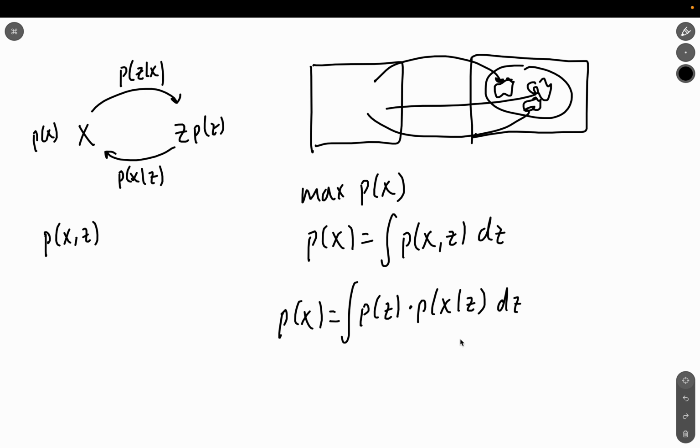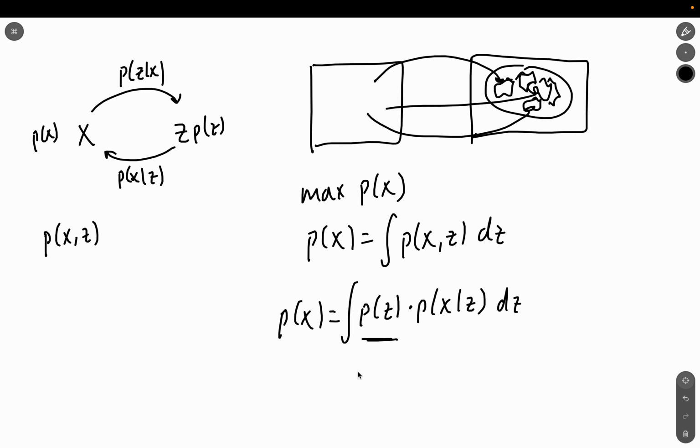Okay, now let's look at the terms that we were talking about here. This P(Z), remember, is what this latent space looks like. This is what we want the latent space to look like. In reality, all of these little blobs are going to add up to something. What we want to do is choose P(Z) to be something that is easy to sample from, because remember, the end goal is to pick points.